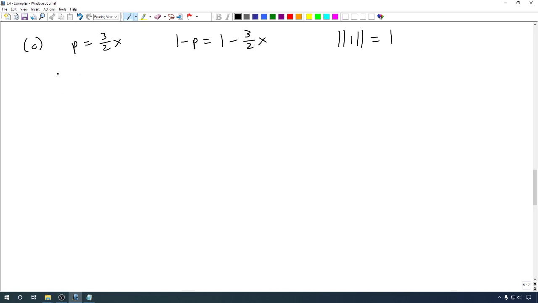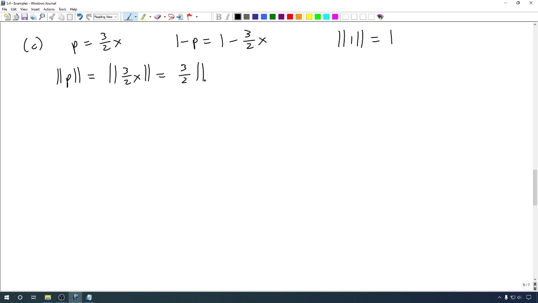Okay, what is the norm of p? Well, norm of p is the norm of 3/2 x, and I'm just going to go ahead and use the property of the norm that we know, that if we have a scalar times a vector, we can pull that scalar out, or with the absolute value if we need to, but in this case we don't need to.